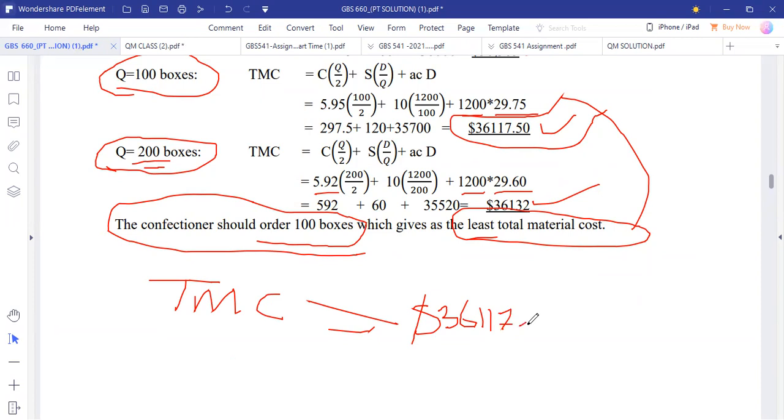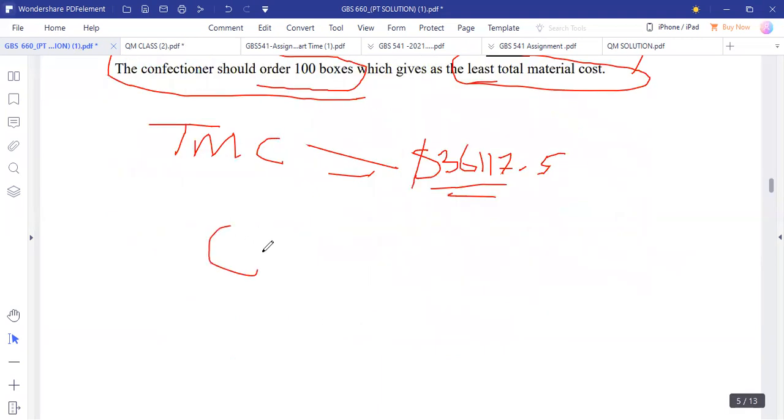So the confectioner should buy the order quantity, our Q should be equal to 100 boxes. Okay, so this marks the end of question 1 of this assignment.